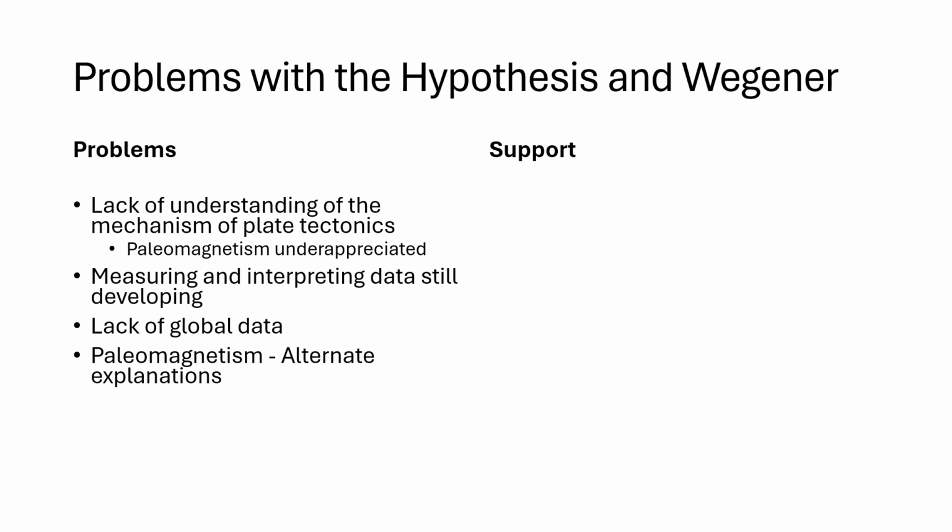And there were also alternate explanations for the paleomagnetism, the common beliefs at the time. If you remember, a scientific theory is the best explanation of some natural phenomenon that we can come up with given the evidence and knowledge and technology we have right now.